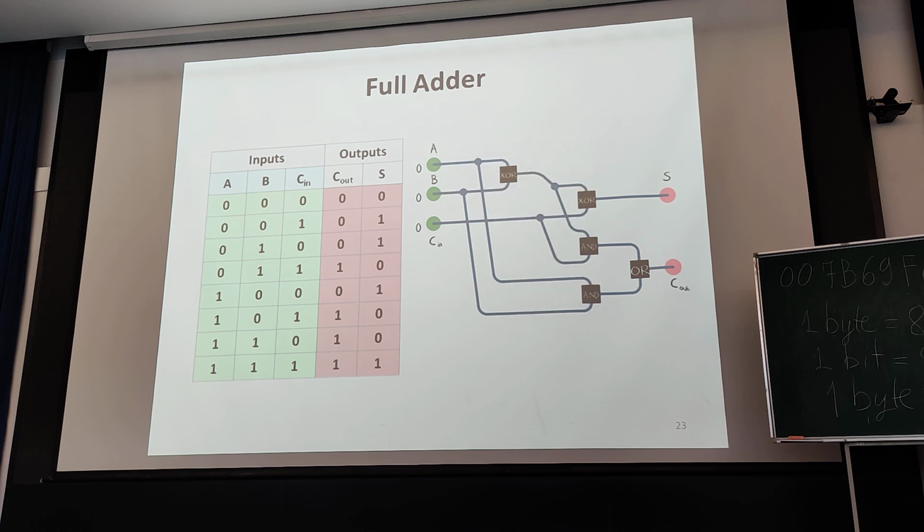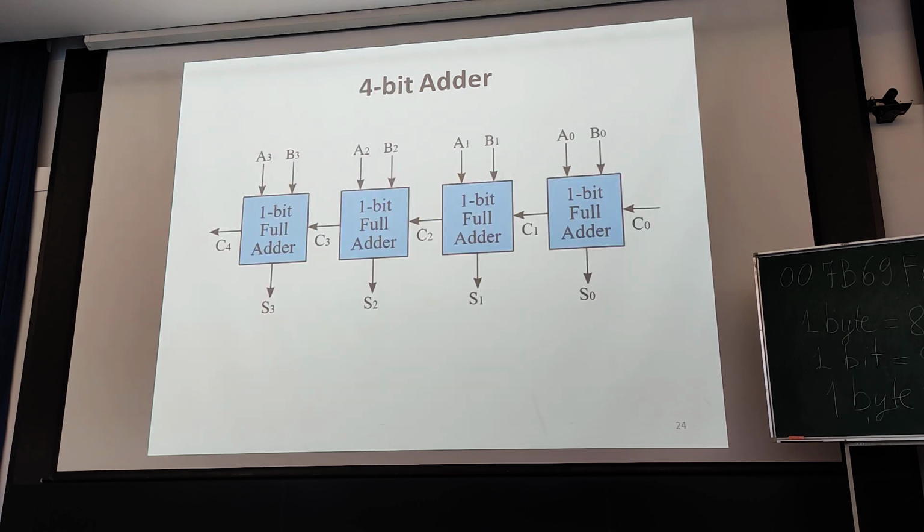If we design a 4-bit adder, we have inputs of 4 bits: A0, B0, A1, B1, A2, B2, and A3, B3, and we have to design these structures.